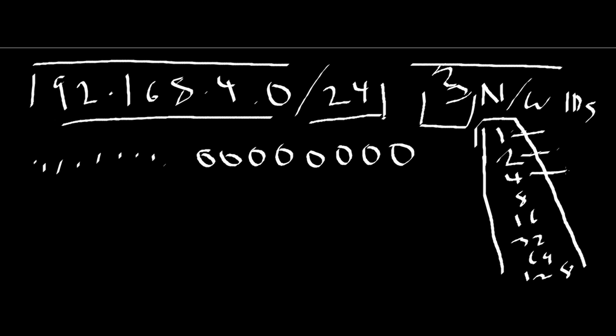And what is 4? 4 is 2 to the power 2. That's 4. So what this means is this 2 here is telling us how many steps forward we are to move.